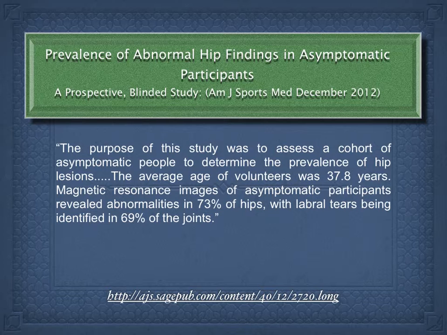An MRI of asymptomatic patients revealed abnormalities in 73% of the hips, with labral tears being identified in 69% of the joints. And this goes back to our example of the person with knee pain in a previous study.